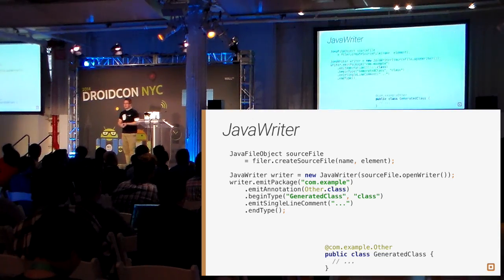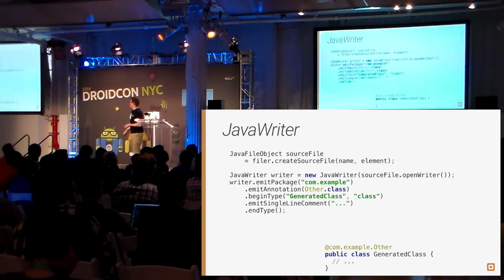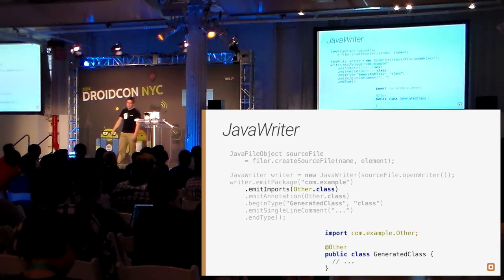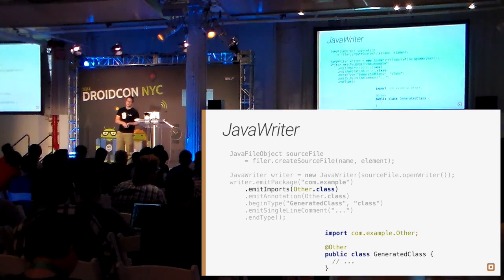But the cool thing, and one of the great reasons to use JavaWriter, is that it can be a little bit smarter about things like imports. So if I modify the code above, and I toss in an import for the other class, when it reaches the emit annotation, it's going to see that an import was emitted for that fully qualified type, and that means that it can omit referencing the fully qualified annotation in your source file.